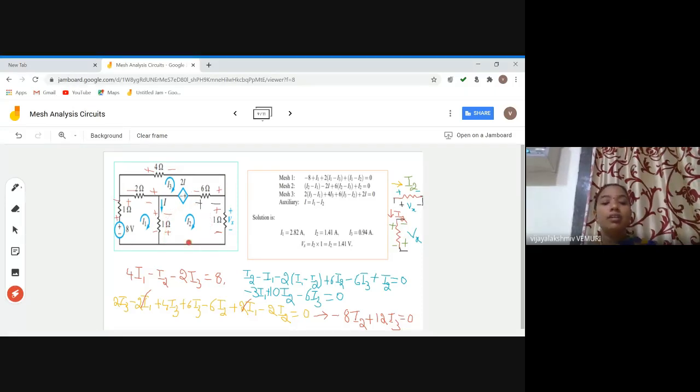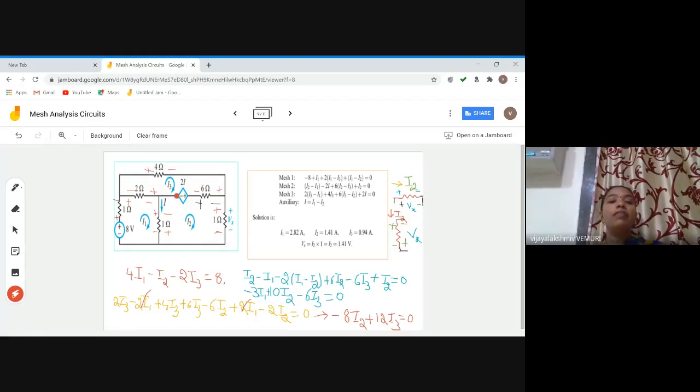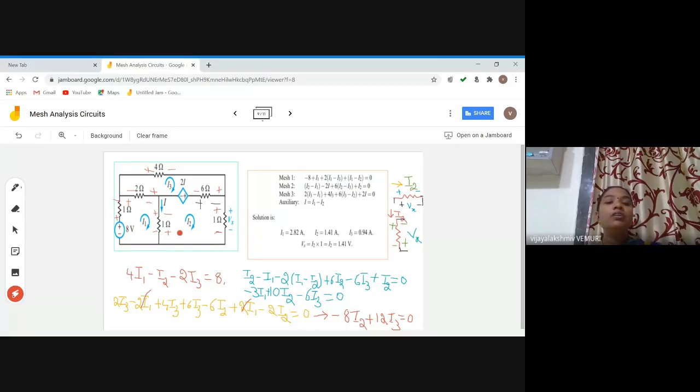Some students make a mistake: whenever you have a current source, they just write 2 amps or 3 amps in the KVL equation. It itself says it is a Kirchhoff's voltage law equation, not a current equation. You cannot equate voltage to current anywhere. Voltage is equated to voltage only. That depends upon the sign convention. If you have pluses this side, and you take minuses that side, then both will be equal. We cannot equate current to voltage. So this is how we write the KVL equation for the first mesh.